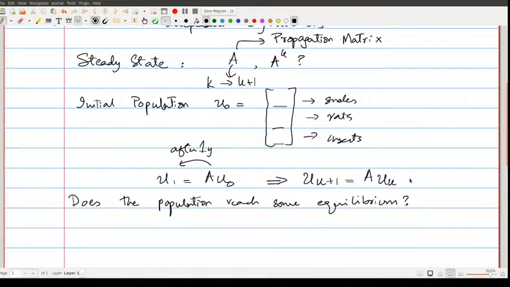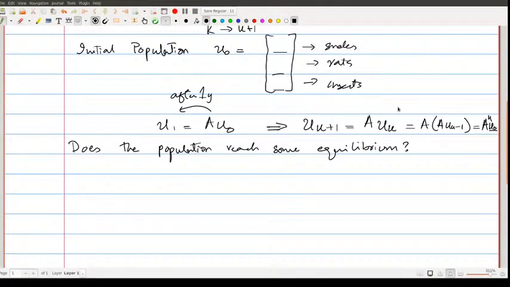But u k itself can be written as A times u k minus 1, which means the whole thing can really be written as A to the k u naught. If you expand all of these u k's up until you reach the first time step, then you see that this propagation model really tells us that in the k plus 1 year, the population is going to be A to the k times the original population. So you don't have to go through each of these individual steps. You can simply do u k plus 1 equals A to the k u naught, right? As long as this is just some numbers in a matrix, right?